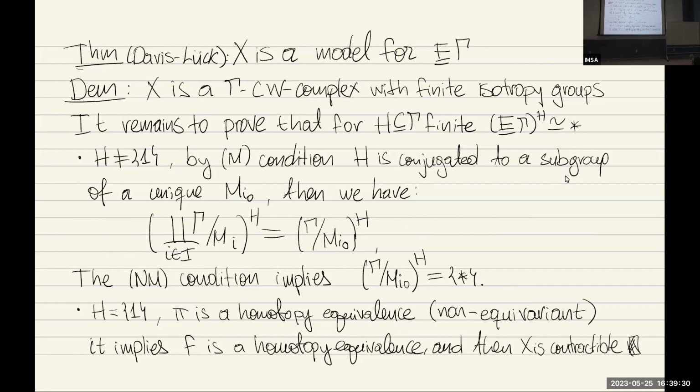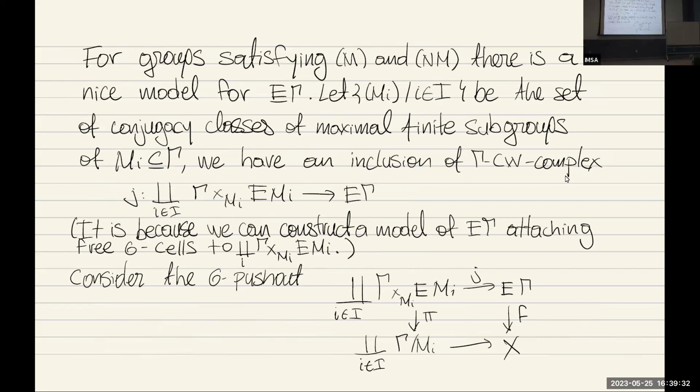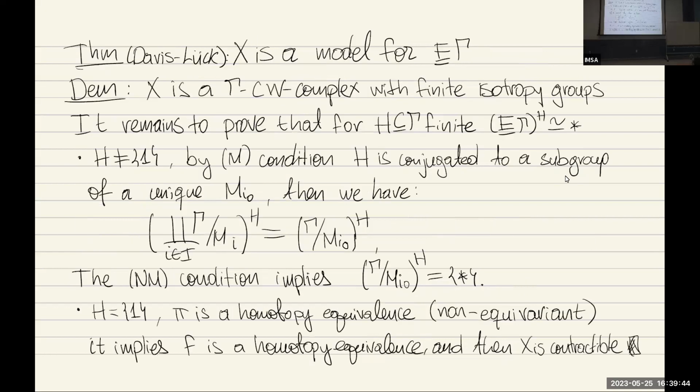And because this map is a cofibration, we could consider a homotopy inverse of this map and transfer to construct a homotopy inverse of this map. Then we have that X is contractible. Then X is a model for E bar gamma. It's a model constructed from a model of E gamma.